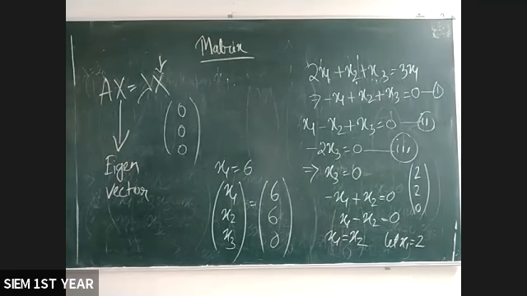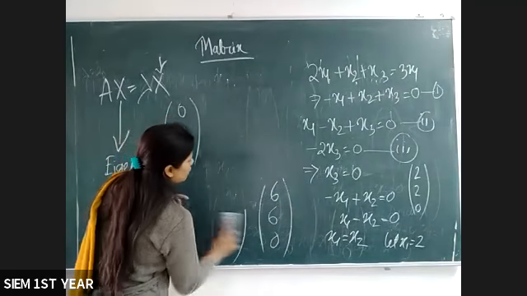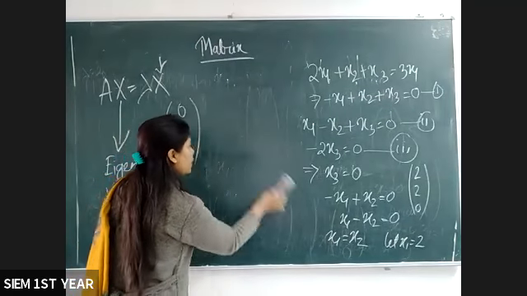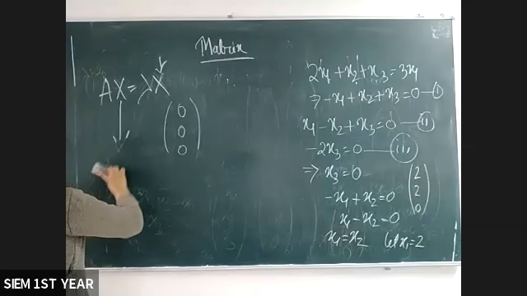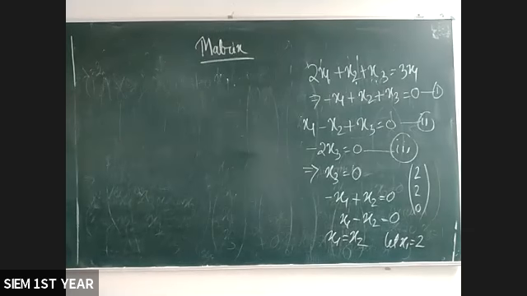So they can tell you, show that 2, 2, 0 is the eigenvector of the matrix. Okay, they can ask you this type of question also. So that 2, 2, 0 is the eigenvector of the matrix.